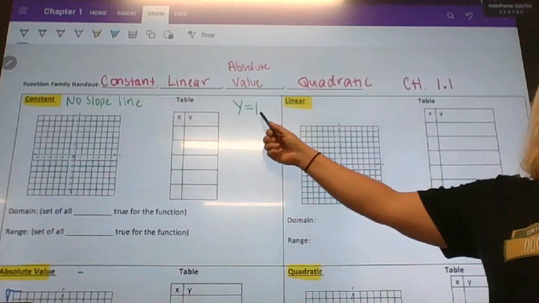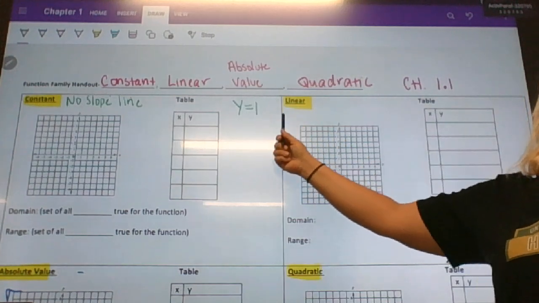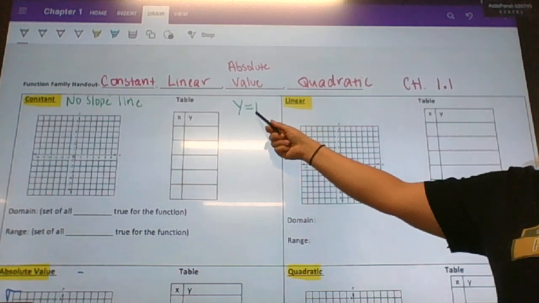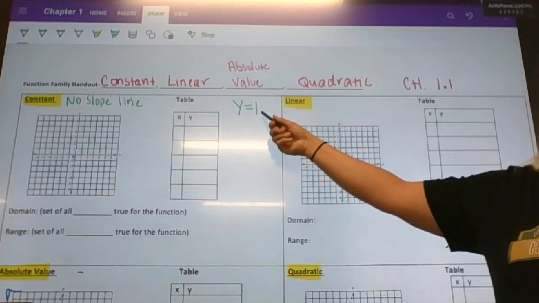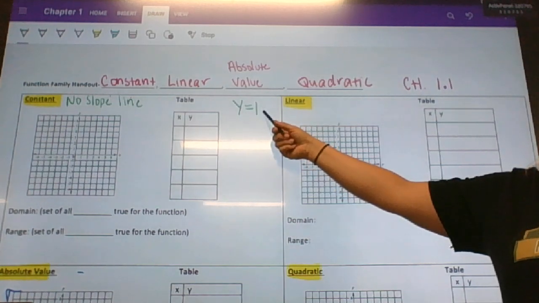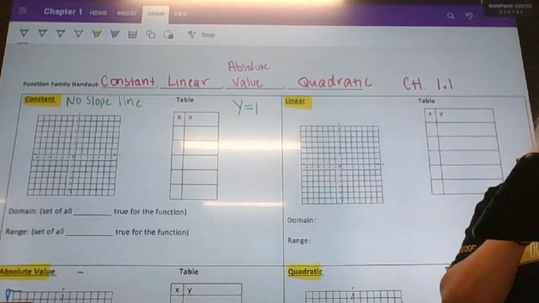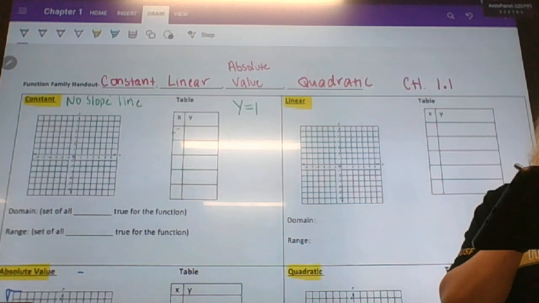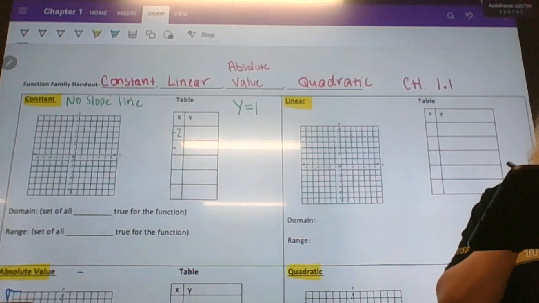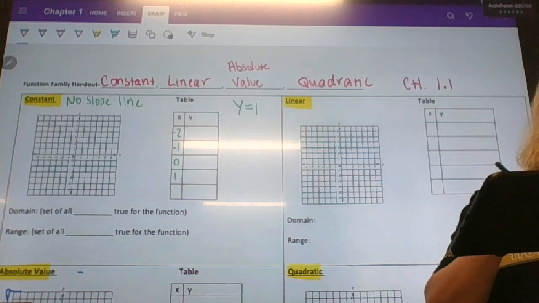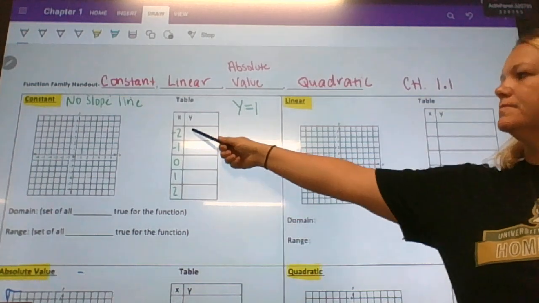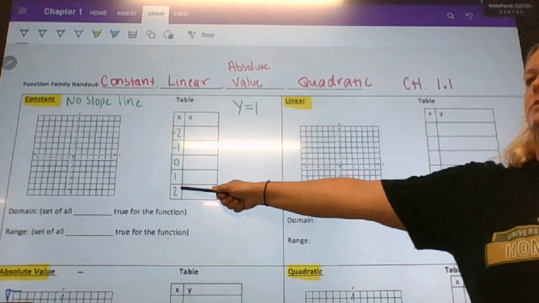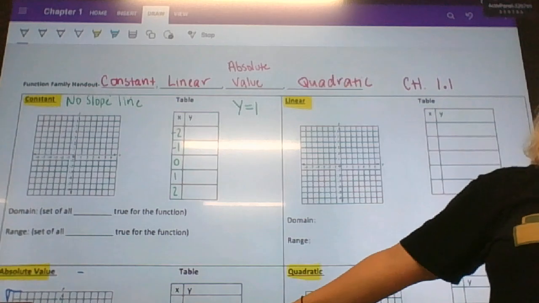It could be y equals 4, y equals 10. There's no x value. So this line has no slope, okay? Slope usually shows up in front of x. So I'm going to make this same table in every box. I'm going to put in -2, -1, 0, 1, 2. This is going to go in all 4 tables, these x values.